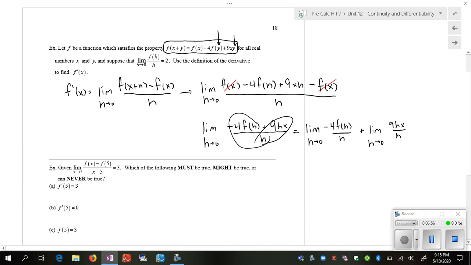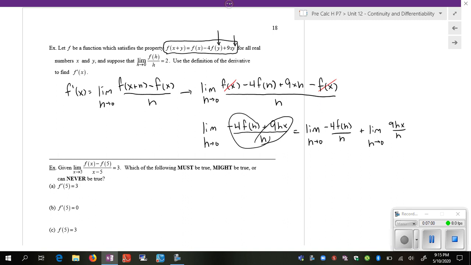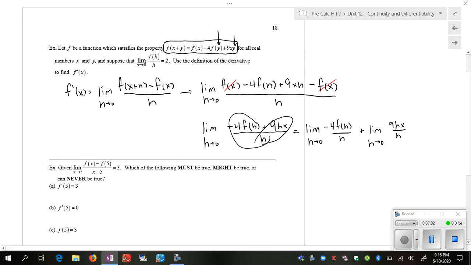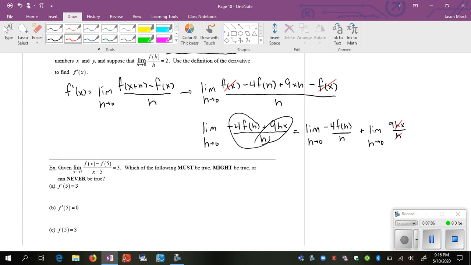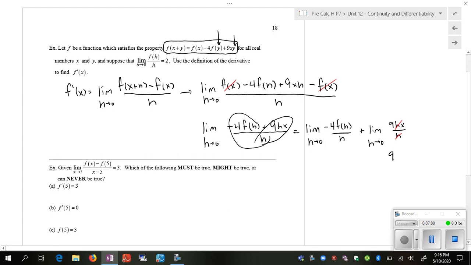The reason that works out nicely is because right over here in this example, the h's cancel. So for that expression, we just get 9x. The limit as h goes to 0 of 9x is still just 9x. And then for this one, I need to use this piece of information right here.